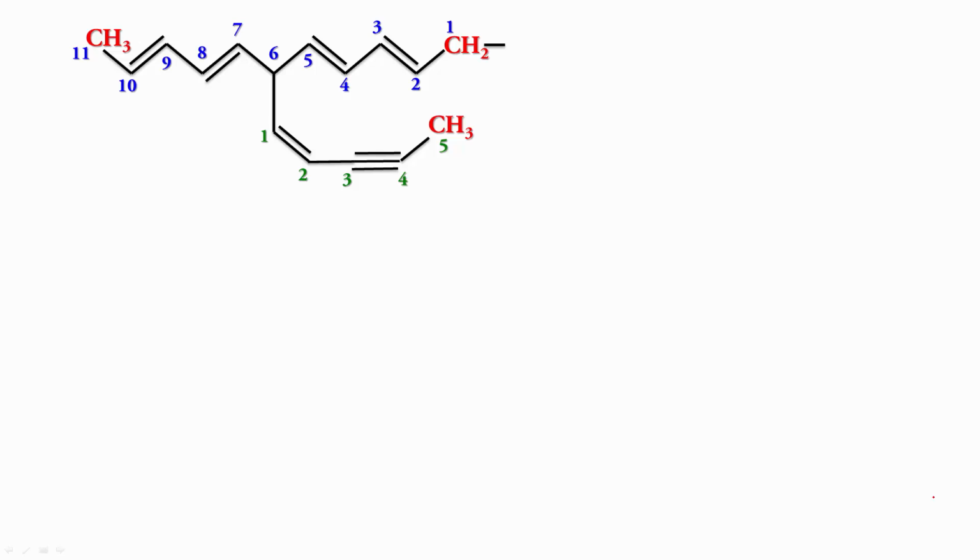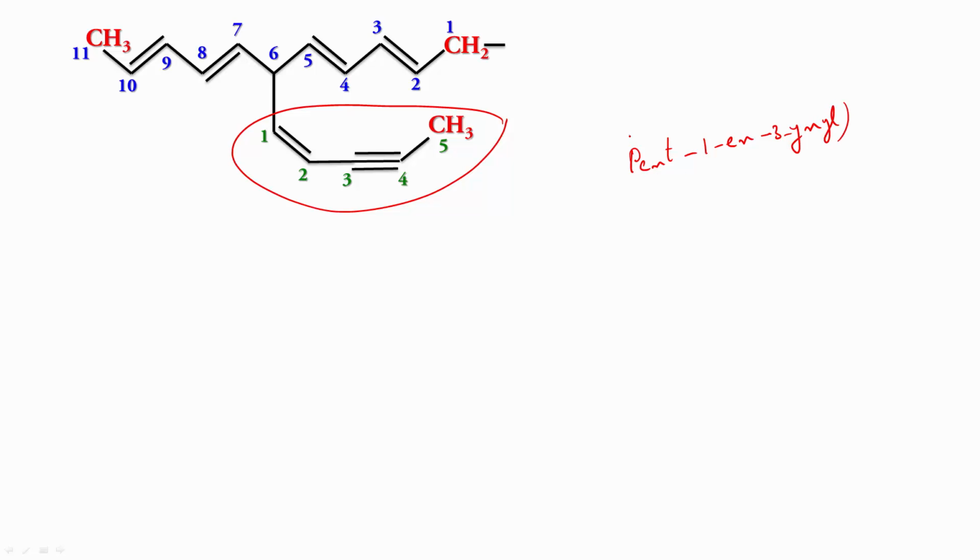And the substituent will be named as pent-1-en-3-ynyl, located at carbon 6, undeca-2,4,7,9-tetraenyl. Remember, don't forget the enyl in the end, because this entire thing is a substituent.